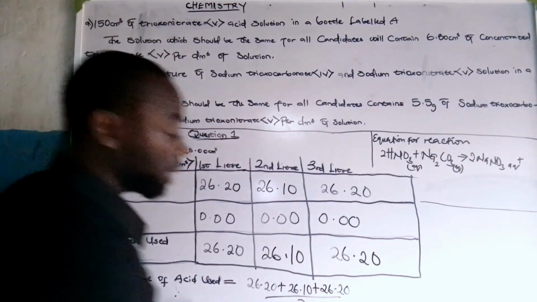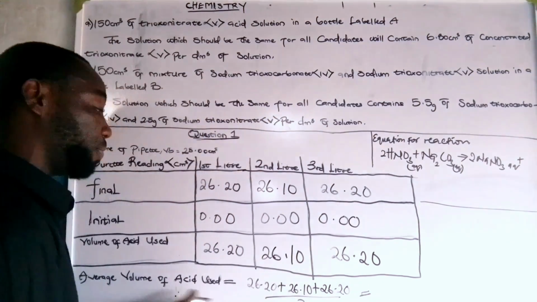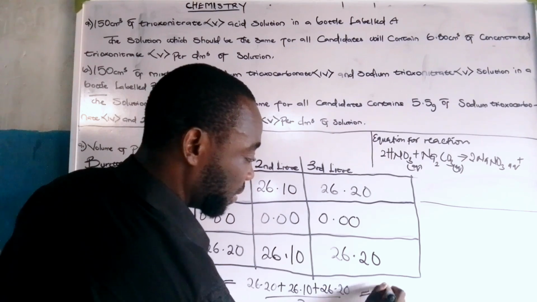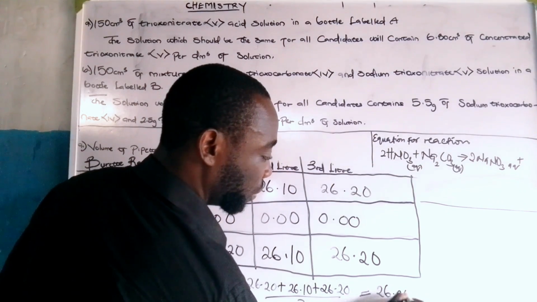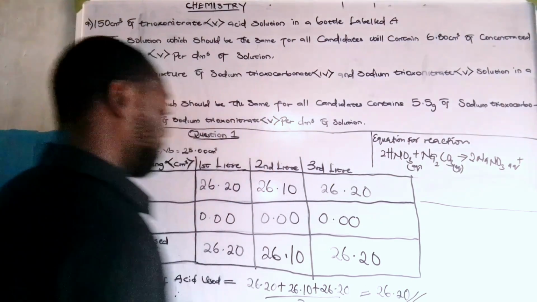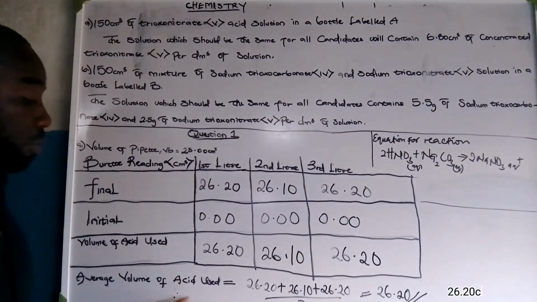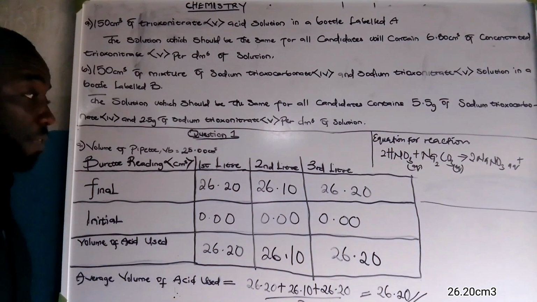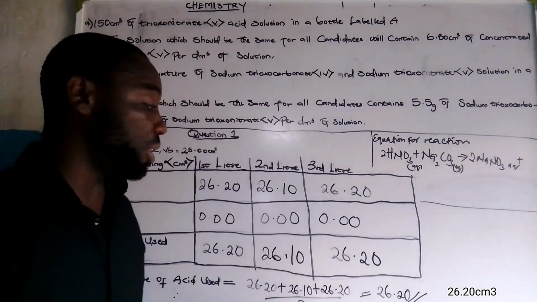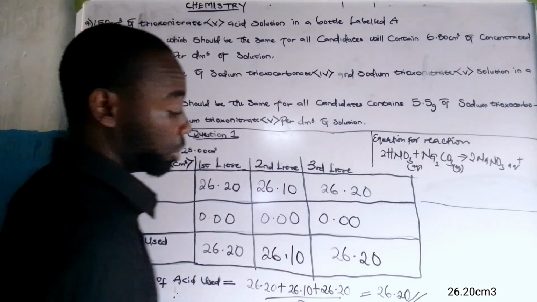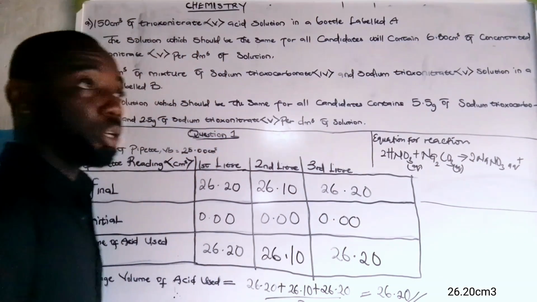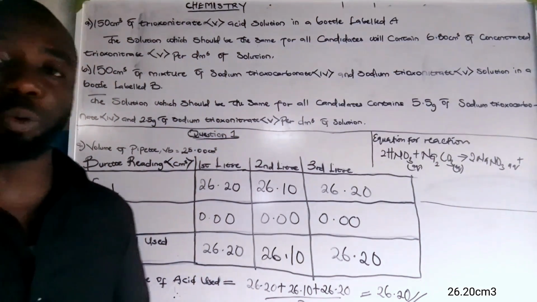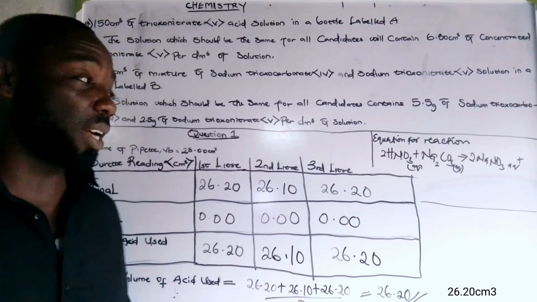That gives us 26.20. So the average volume of the acid used in this reaction becomes 26.20. So that is that for now.